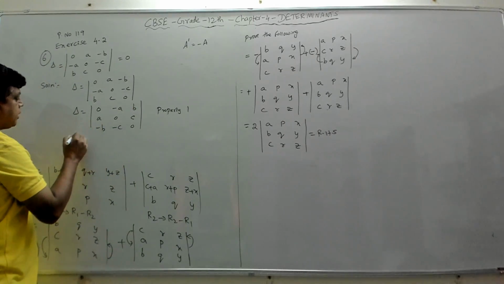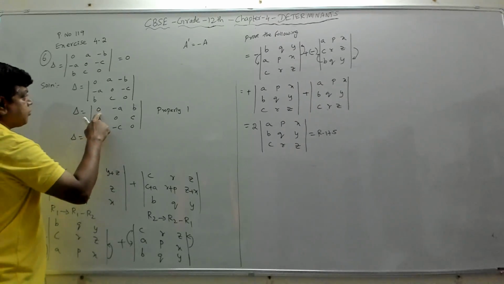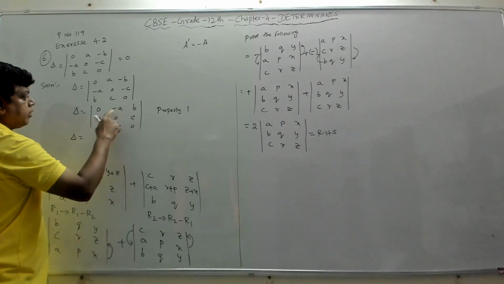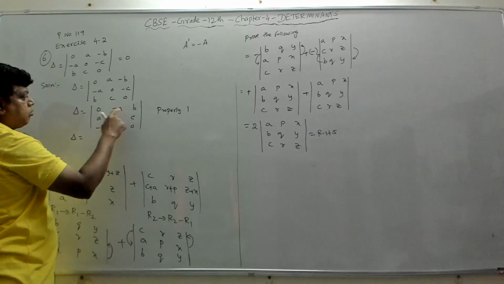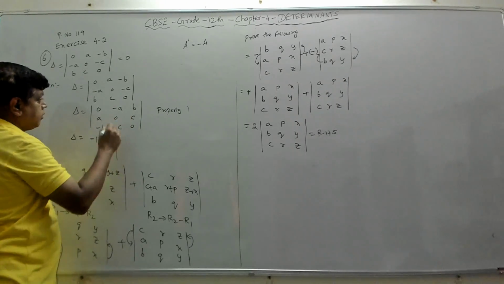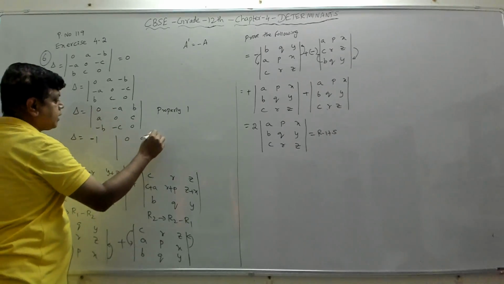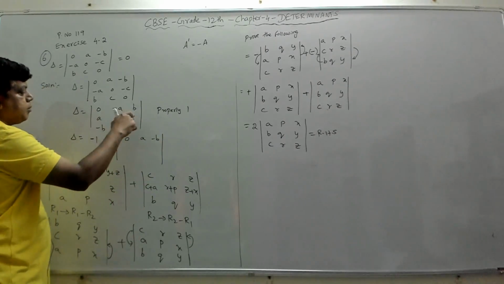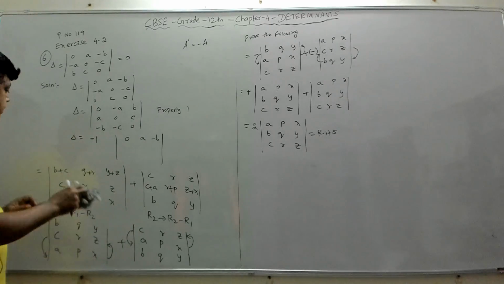Now again, if you observe here, delta equals, from the first row, if I take minus 1 common, then the first row will become 0, a, minus b. It will change the sign of the elements.